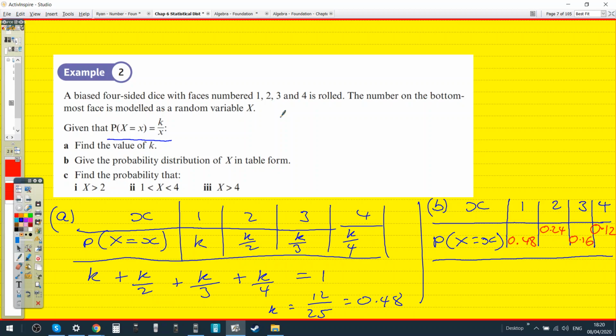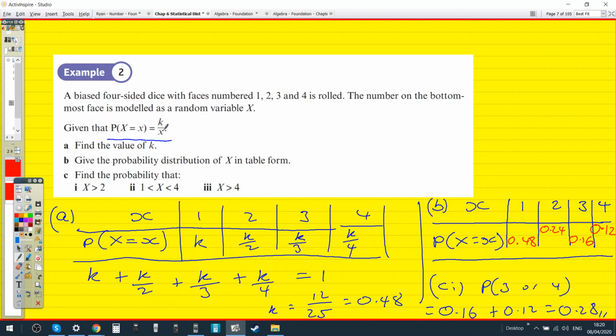Question C. So the first one is the probability of 3 and 4. So we do 0.16 plus 0.12, which gives us 0.28. And so on. You'll be fine for the next two.